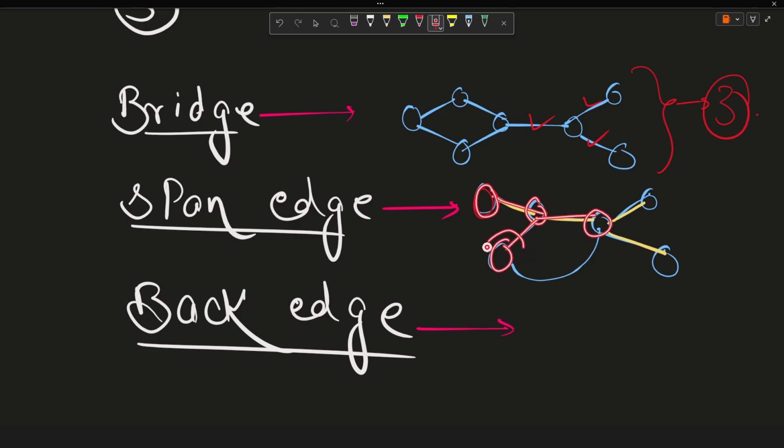So we can say that this vertex is an ancestor of this vertex. So this back edge is connecting this vertex with its own ancestor. So we can say that this is a back edge because it is connected to a member which has been previously visited when we started our DFS call from this root. So now we have understood the meaning of bridge, span edge and back edge in very simple terms, right?